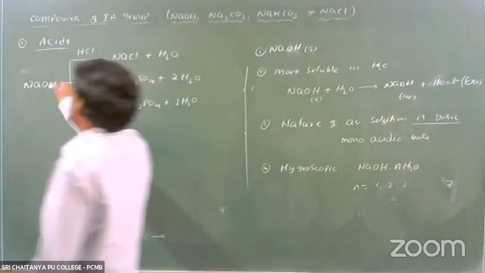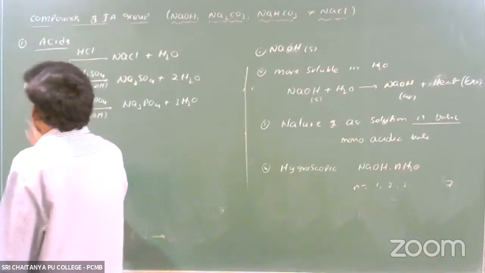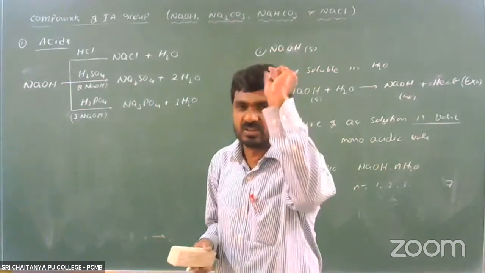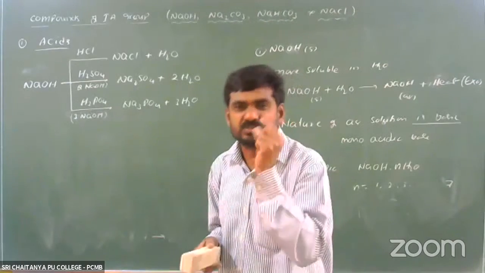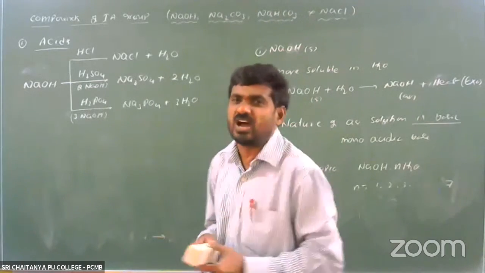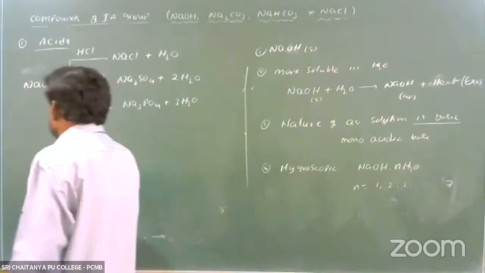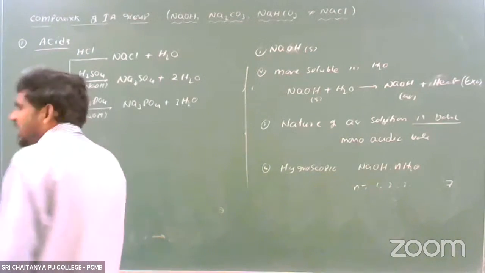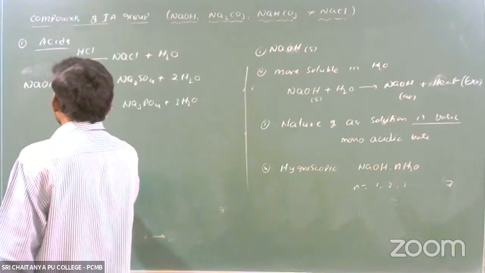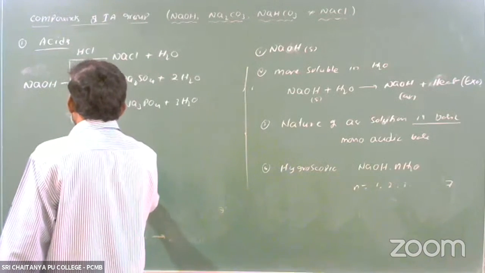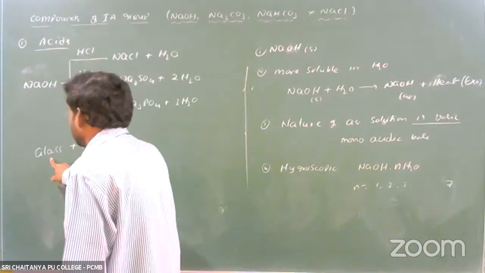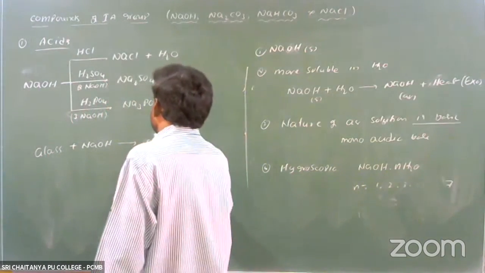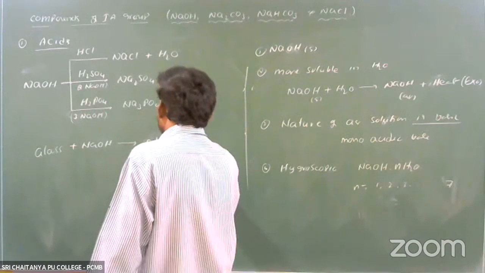Sodium hydroxide can also react with glass and porcelain, so it is not stored in glass or porcelain. Glass is a mixture of silicates, and sodium hydroxide reacts with the silicates in glass to form sodium silicates.